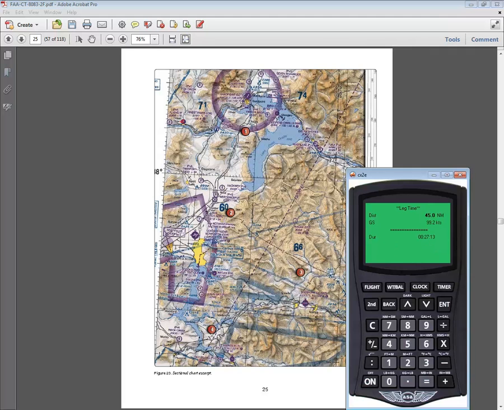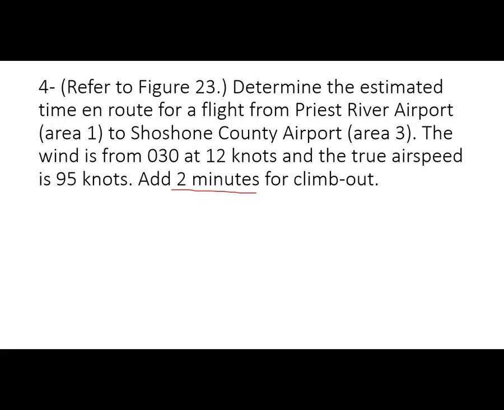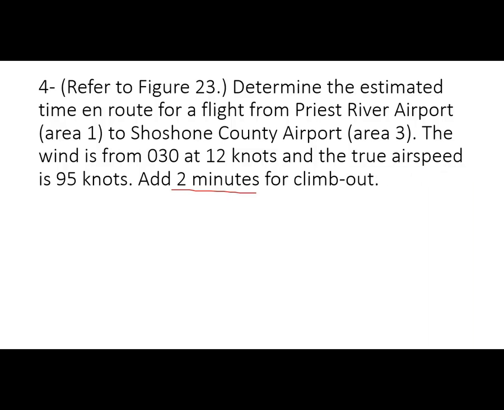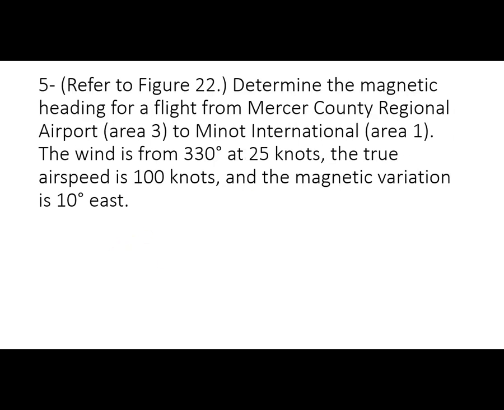But don't forget, on that question, you need to add that 2 minutes for climb out. So add 2 minutes to what you just calculated, 27:13, and you get 29 minutes and 13 seconds is going to be how long it takes.